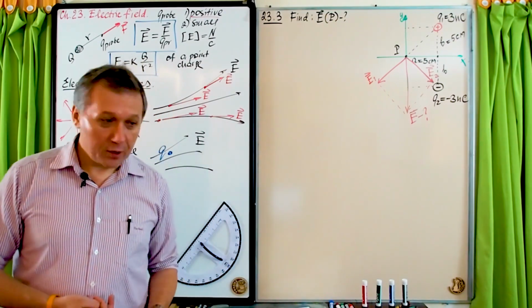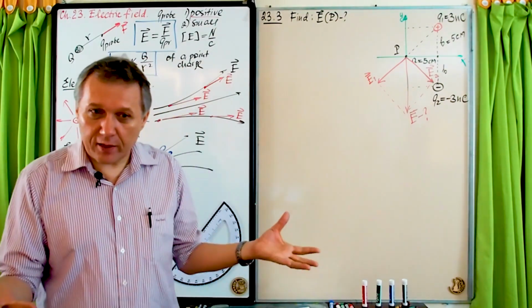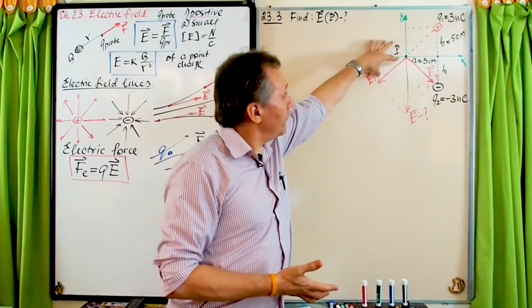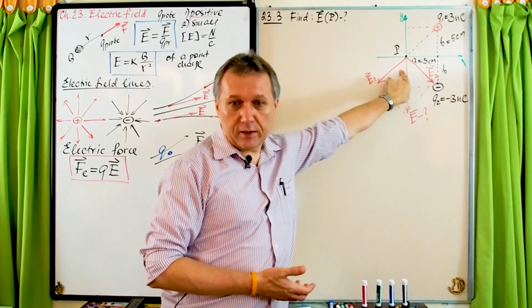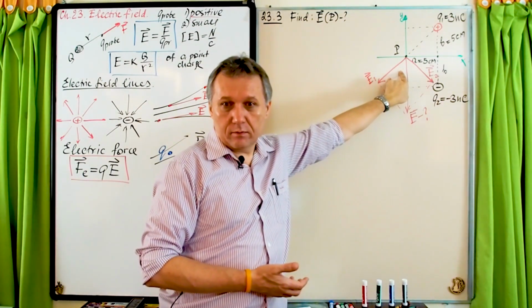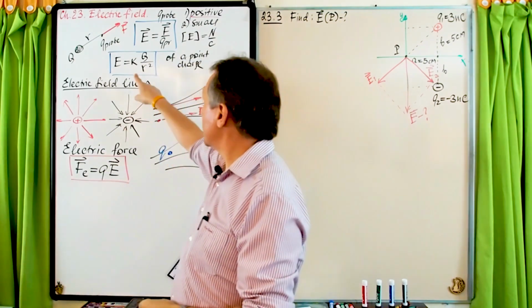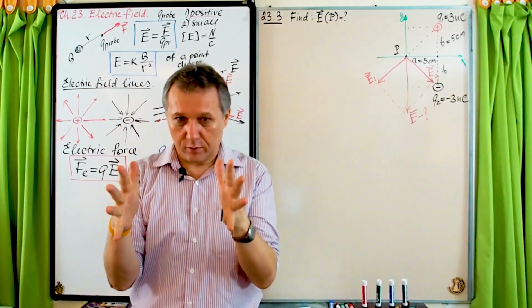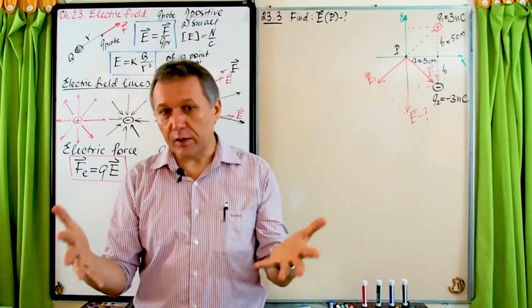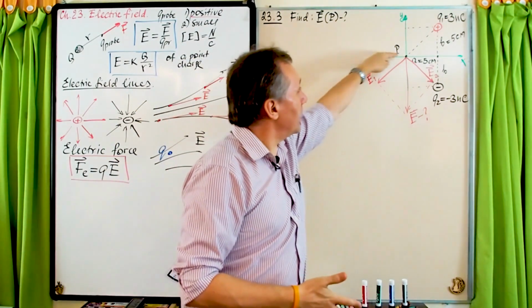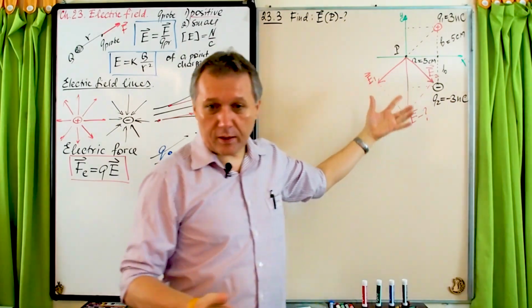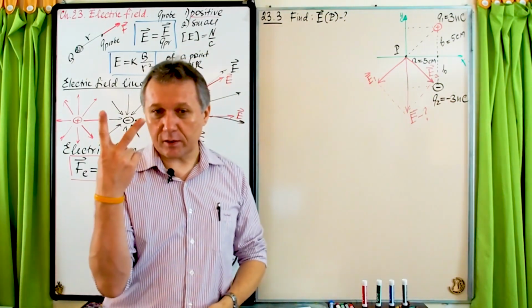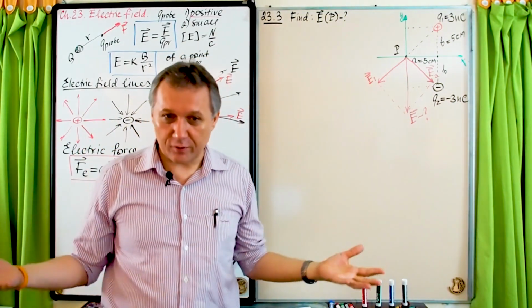Right? Okay, so the procedure will be like what we had in the previous class. Can we find the strength of this vector, electric field, E1? It is created by a point charge. We can use this formula. Again, that will be just a magnitude. And then we can decompose it. We can find x component and we can find y component. So we'll have a vector presented in the component form.